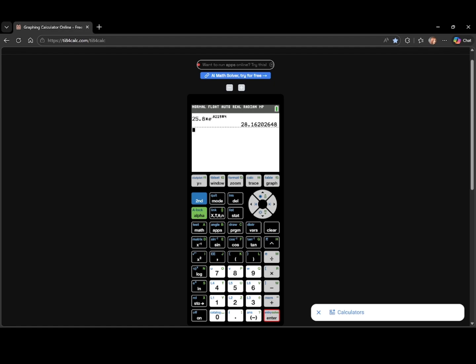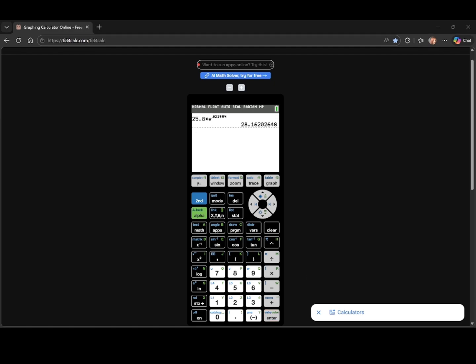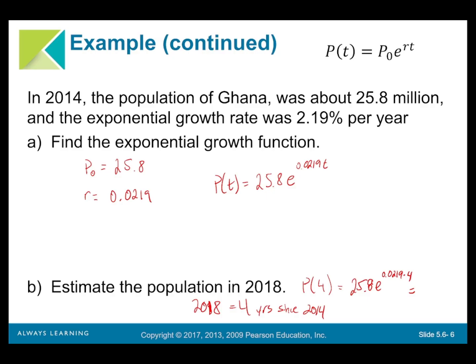I hit enter and I get 28.162. Back to the slides. We get 28.162, and that's million. And that's it. We just had to plug it in at that point. And again, we didn't want to plug in 2018. We wanted to plug in 4. 2018 would have given us far too large of a number here.